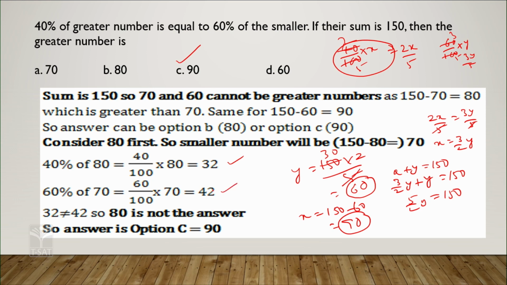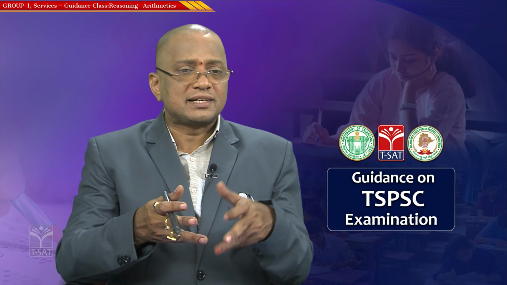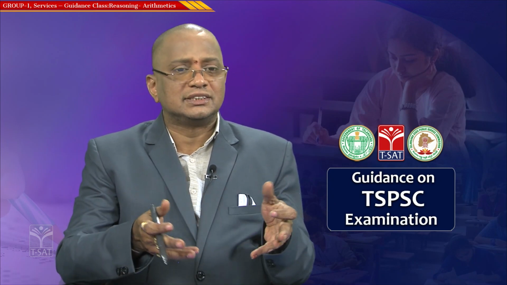These two are not equal, because it is given that the 40% of the greater number is equal to 60% of the smaller number. But as per the assumption, when you assume that the greater number is 80, then 40% of 80 is 32 and the remaining part, the smaller number 70, gives 60% of 70 is 42. Both are not equal. So, 80 is also ruled out.